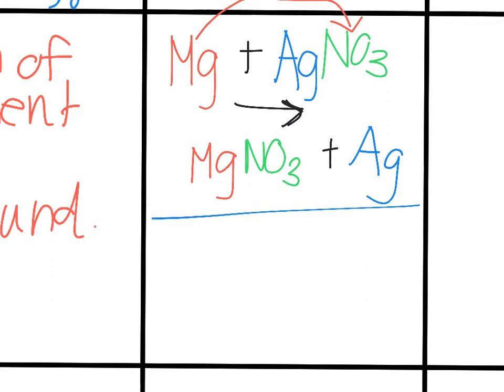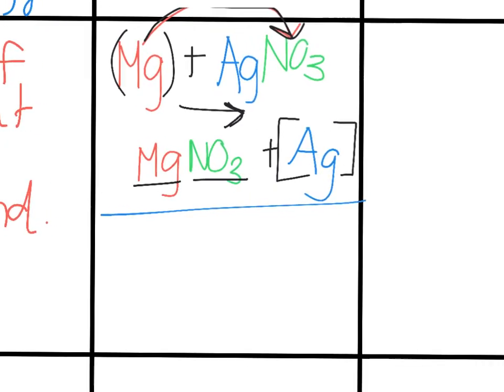As we can see, Mg was alone, and Mg bumped out Ag to be with NO3, so that's why in our product side, we have Mg NO3, and then Ag on its own this time. So that's what single displacement means, to bump out.